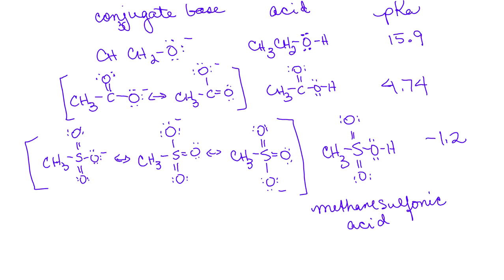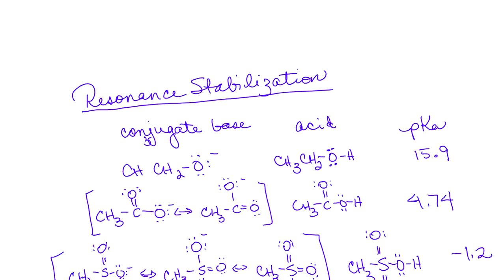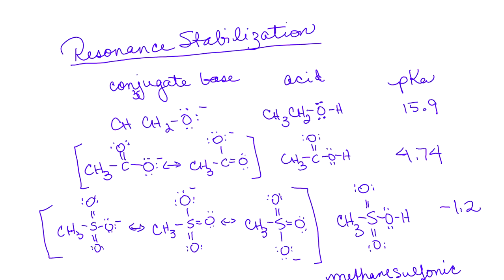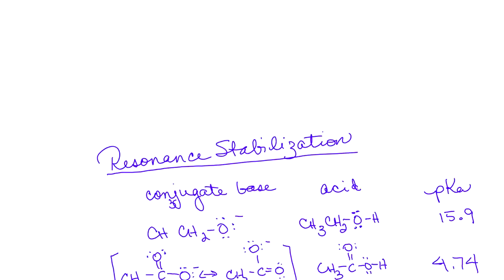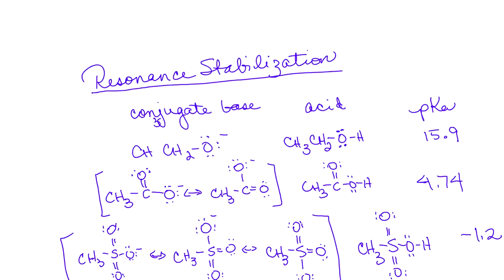So these are some of the structural effects that can affect our acidity. We have bond strength, particularly for our binary acids. We have electronegativity, where it can be either not directly attached or directly attached to the electronegative atom.